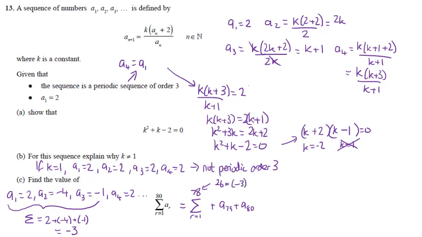So that's going to just be 26 times minus 3, which is minus 78. And then the pattern repeats again. So then plus 2 minus 4, that's the 79th and the 80th term. And if we put that all together, we get minus 80.